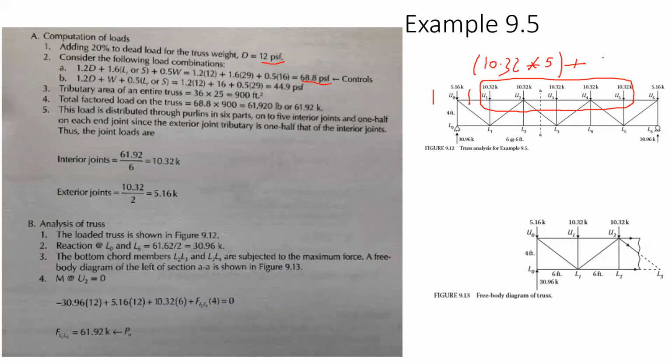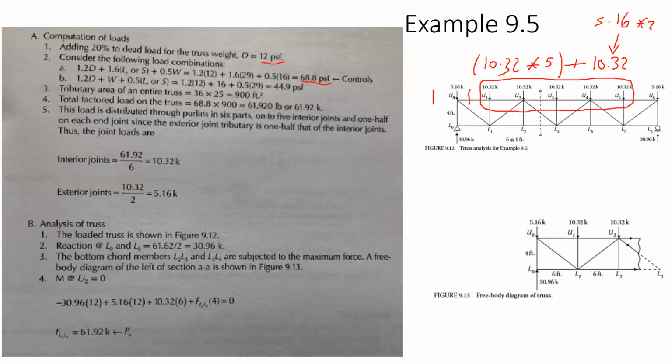Plus we have half. 10.32 divided by 2 gives me 5.16, because we are concerned with just this half. So then we have plus 10.32, right? This comes from 5.16 times 2.